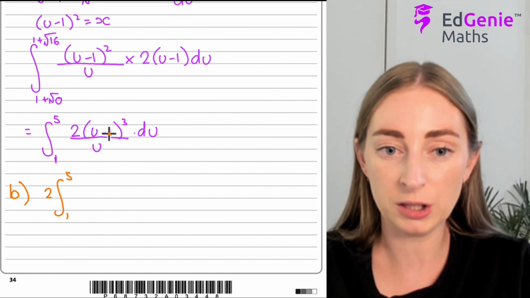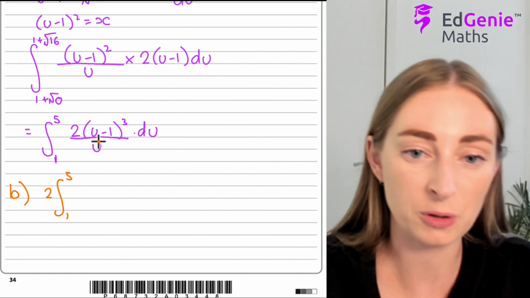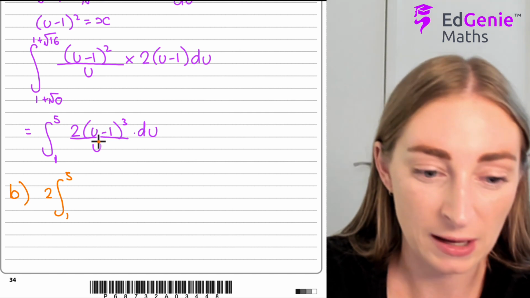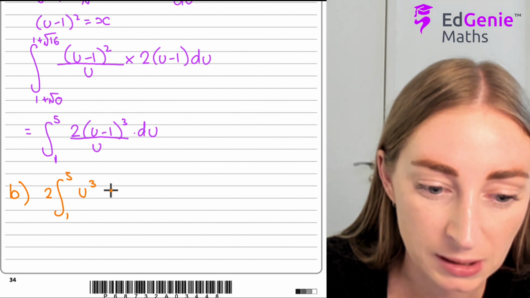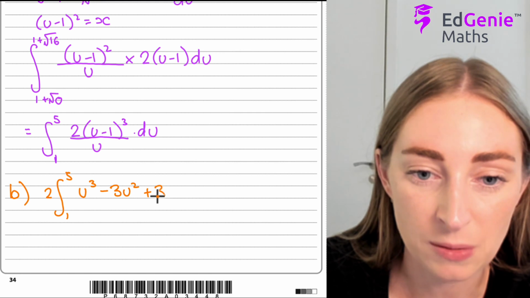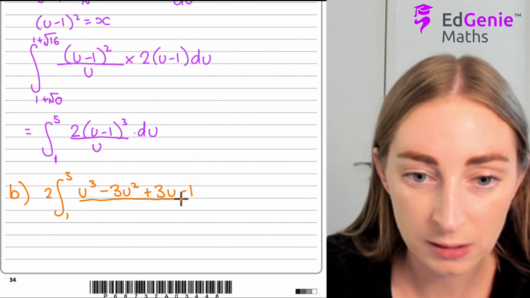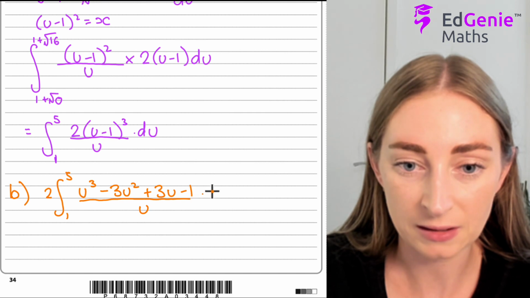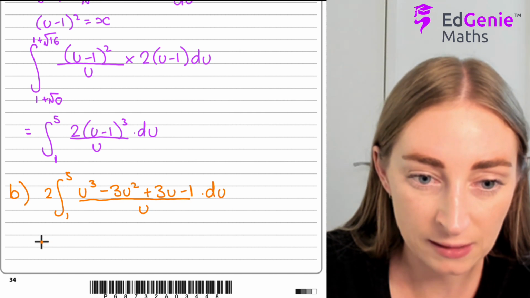U minus 1 cubed, you might know this from your Pascal's triangle, from your binomial. We can just work that out all in one. That's going to be u cubed minus 3u squared plus 3u minus 1, all divided by u times du. So, cancel this out.